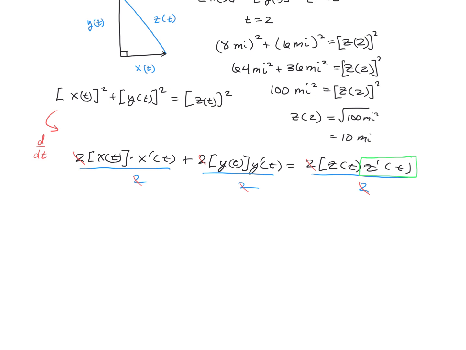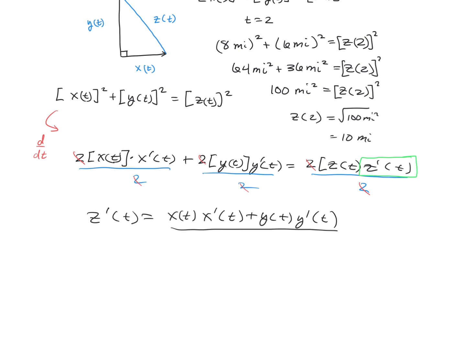And we're almost there. All we have to do is divide both sides of the equation by z of t. So z prime of t is equal to x of t times x prime of t plus y of t times y prime of t, divided by our z of t.